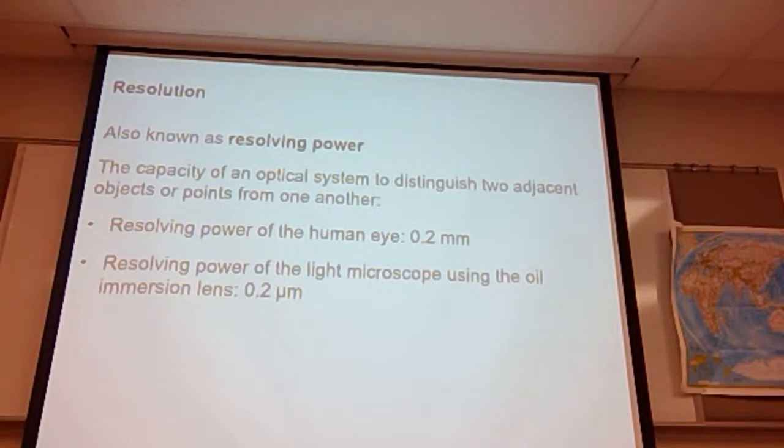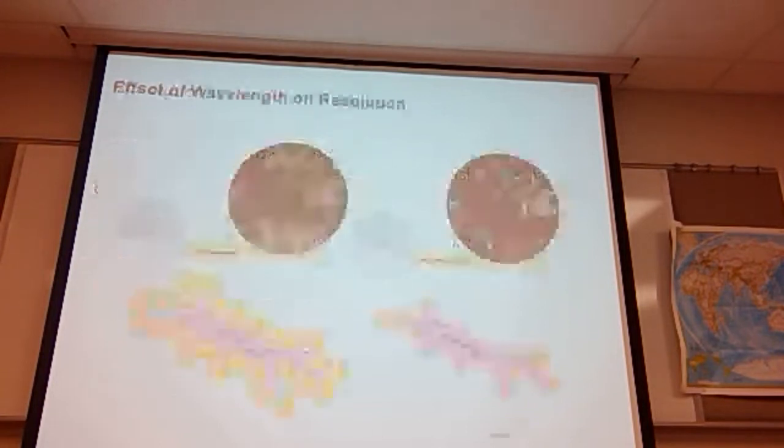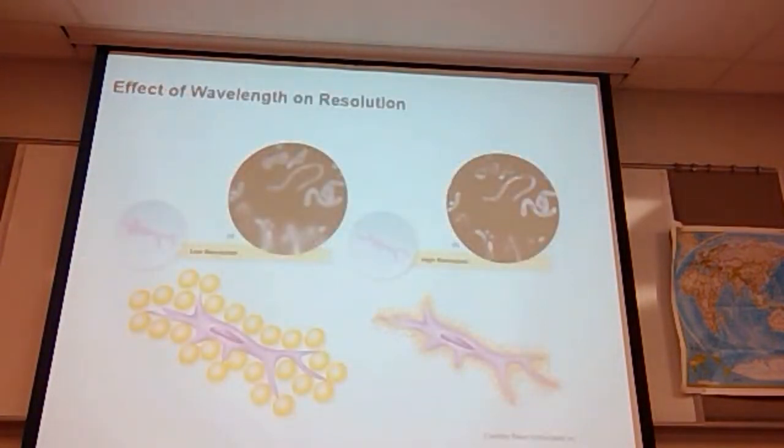I have to use a magnifying glass to do that now, because the resolving power of my eye is not what it once was. In other words, I can't see things that are 0.2 millimeters. It's more like 0.5 or 0.6 before I can make out what they are.